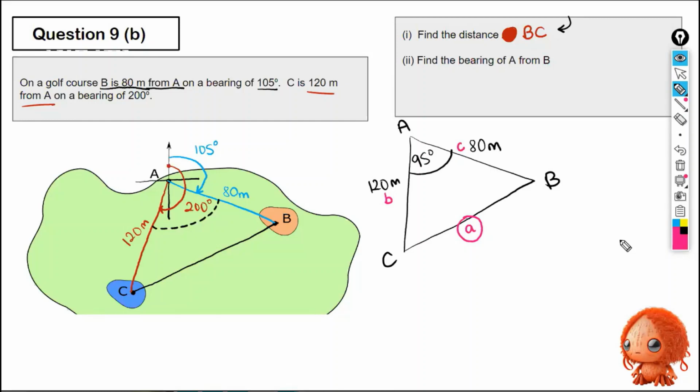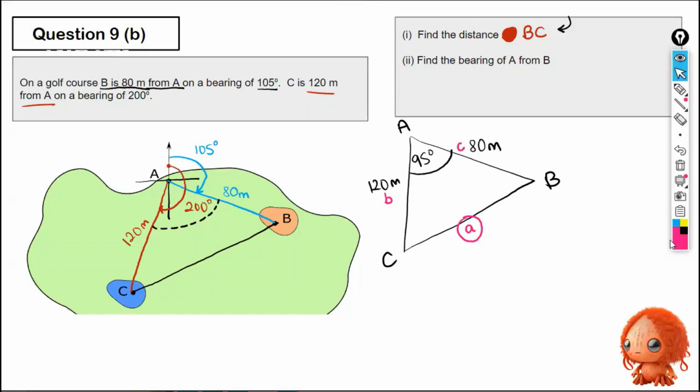You try to figure out now whether it's the sine rule or the cosine rule. Look at your rules. Flip back in your notes. Didn't they give you the length of two sides and the angle in between those two sides? That's a clear case of the cosine rule.